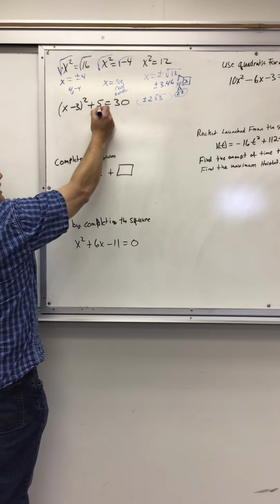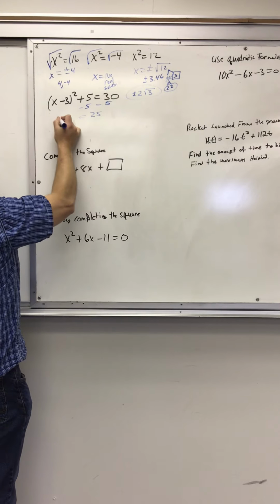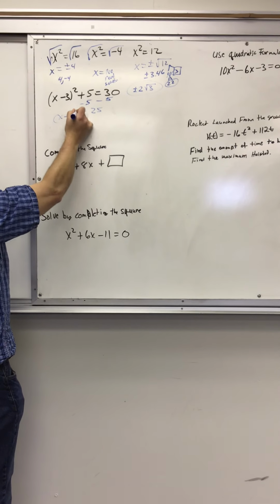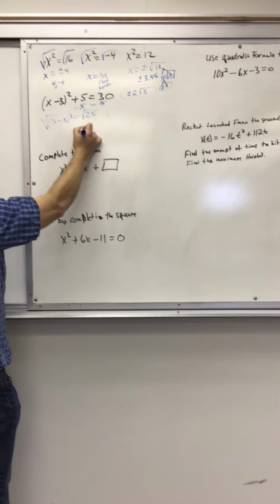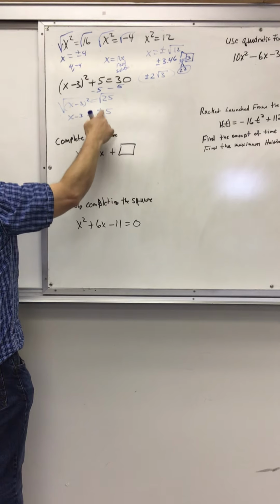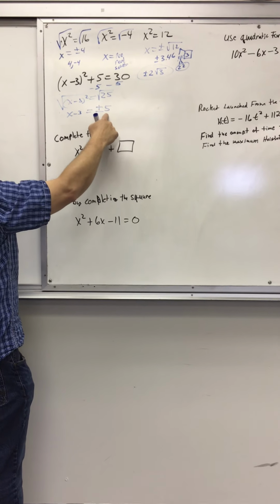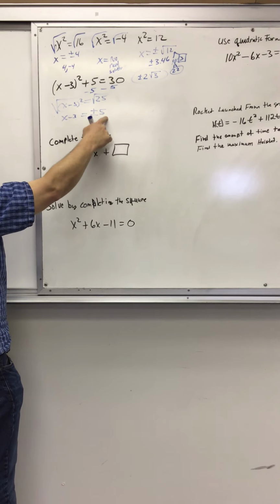So I'm going to subtract 5 from both sides. 25 equals x minus 3 squared. I then take the square root of 25, which is 5. Again, don't forget that you're really getting two answers. The positive square root of 25, which is 5, and the negative square root of 25, which is negative 5.